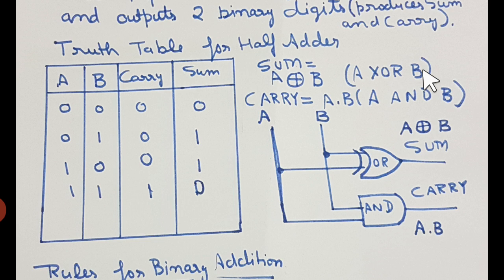Now students, we draw a logic circuit here. A and B are the two inputs, and we draw one XOR gate for the sum, and one AND gate for the carry, and we send in A and B. So A XOR B is written there, and for this also we send A and B, so A dot B is written there.